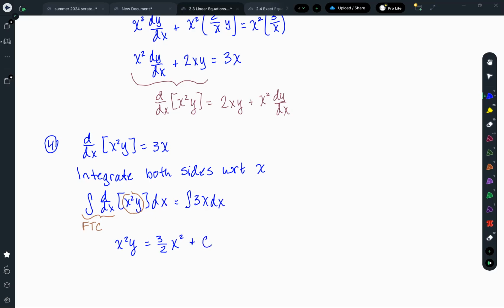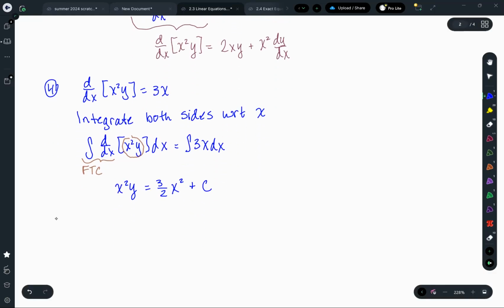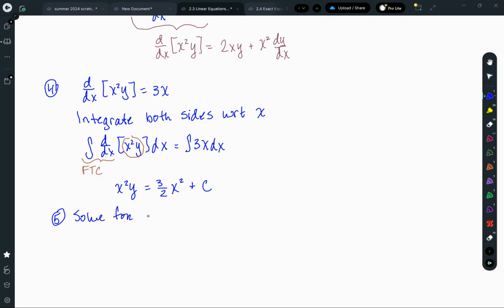And we're almost done. The next step is to go ahead and solve for y and state the interval of definition.